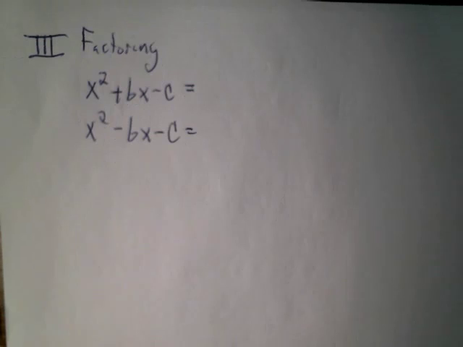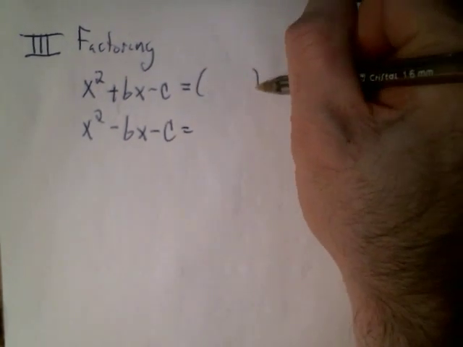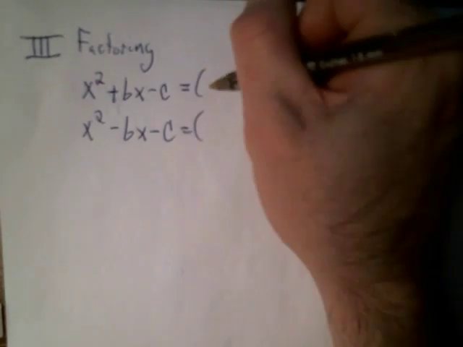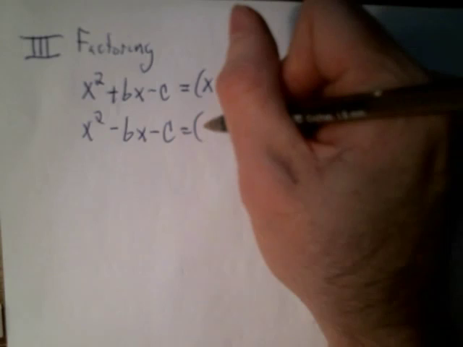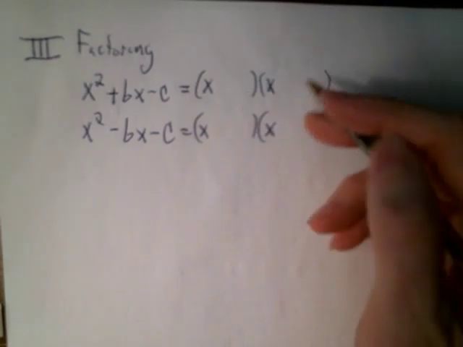Okay, and we sort of group them together because the signs are the same in these cases. You'll set up your parentheses. You'll always use x and x. And then in either case, it's going to be plus or minus.